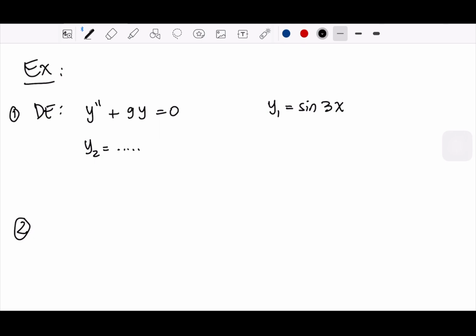Another example is this one, which is also asking about y2.